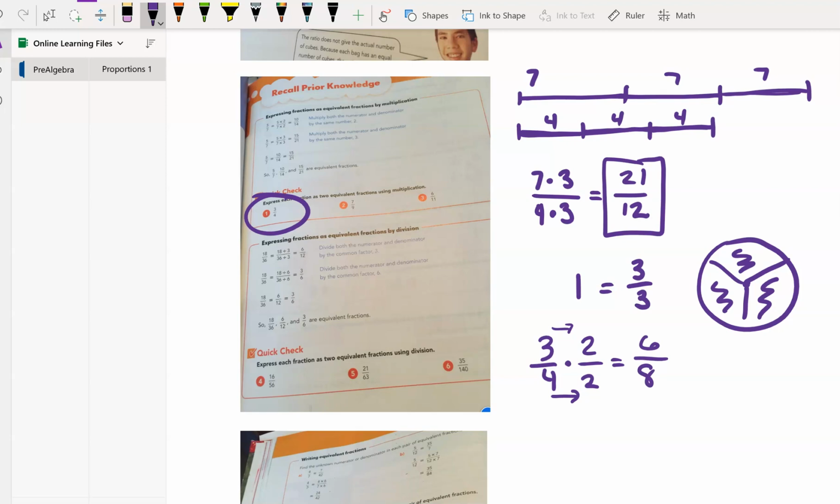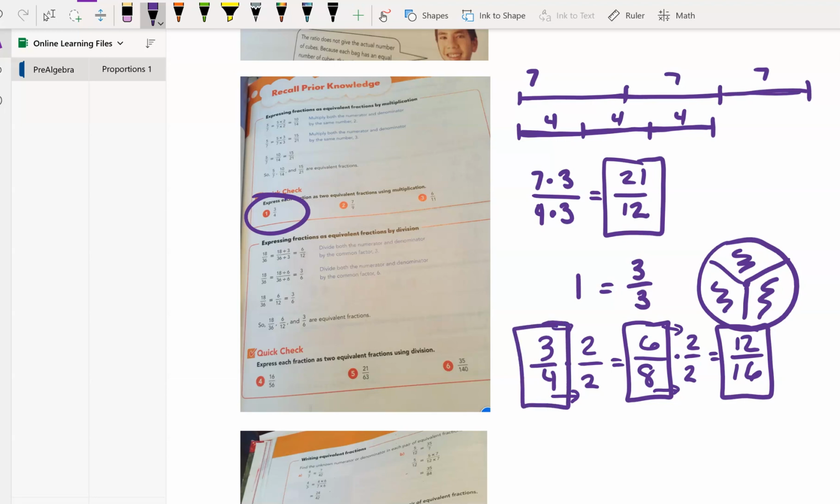So that would be an equivalent fraction. We could even double those again and multiply by 2, or any other number, 3 over 3, 5 over 5, really doesn't matter. That would give us 12, multiplying across the top, multiplying across the bottom, 12/16. So 12/16, 6/8, and 3/4 are all equivalent fractions.